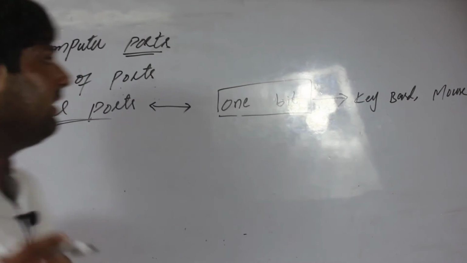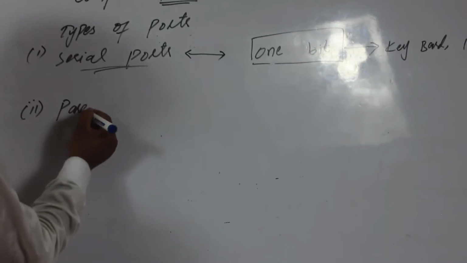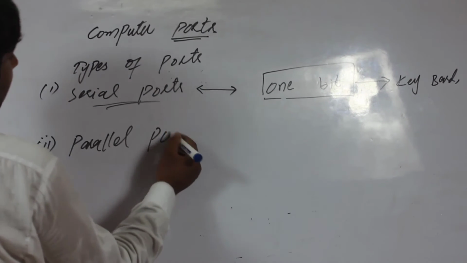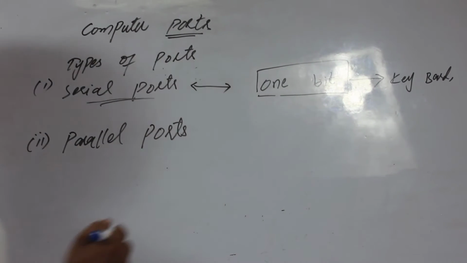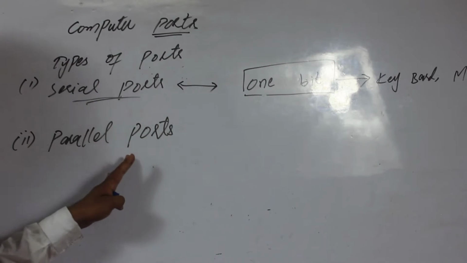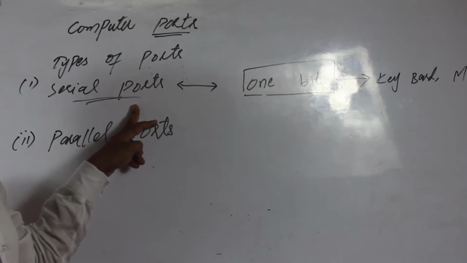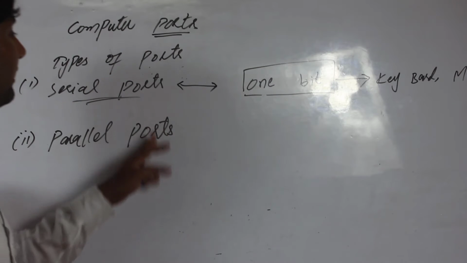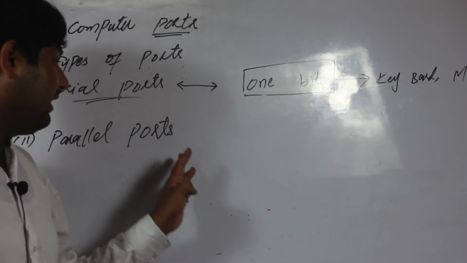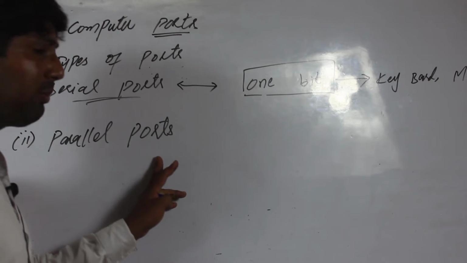And the second type is parallel ports. Parallel ports are better than serial ports, and parallel ports are less expensive than serial ports.